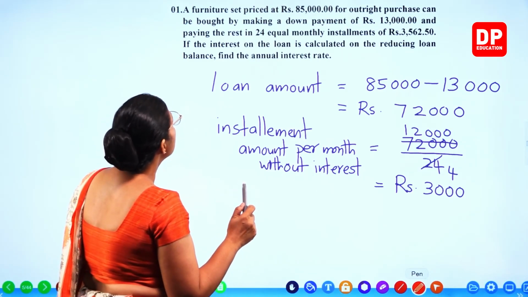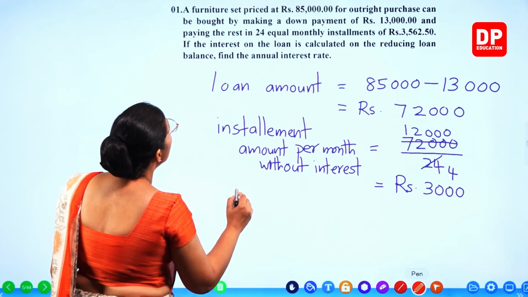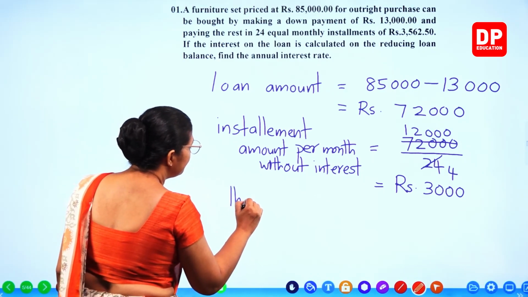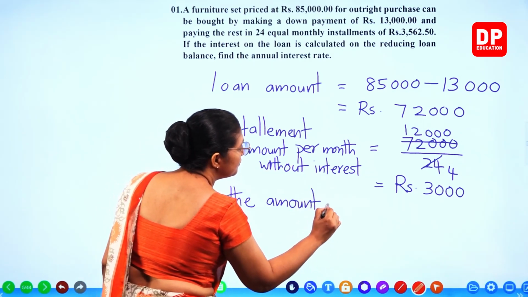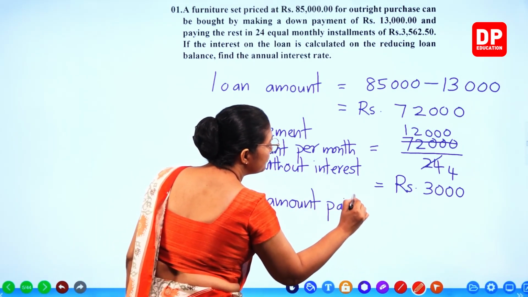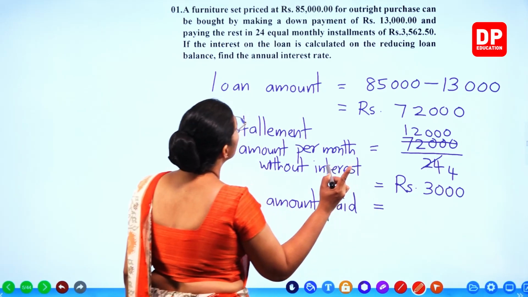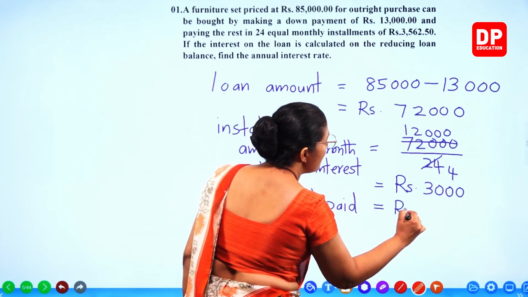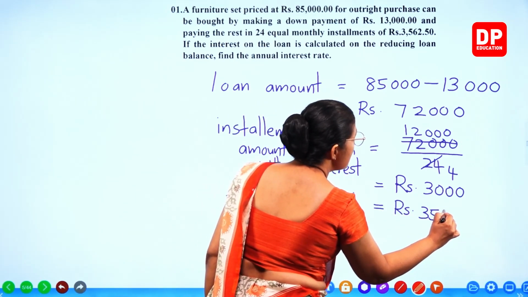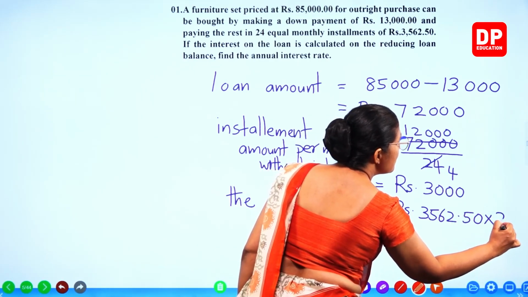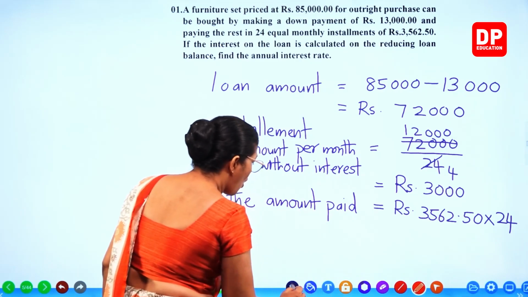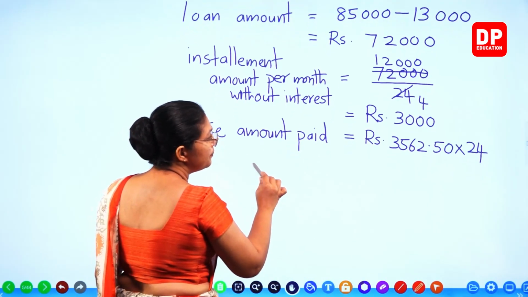So let's calculate the amount paid: 3,562.50 times 24. This is a long multiplication.